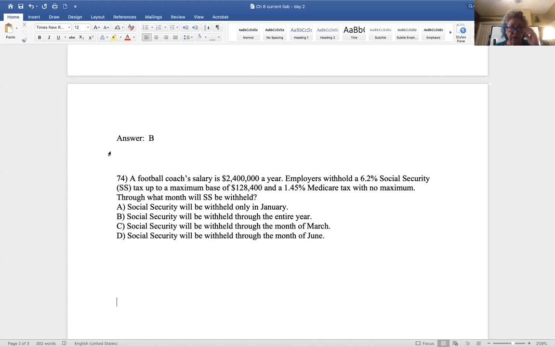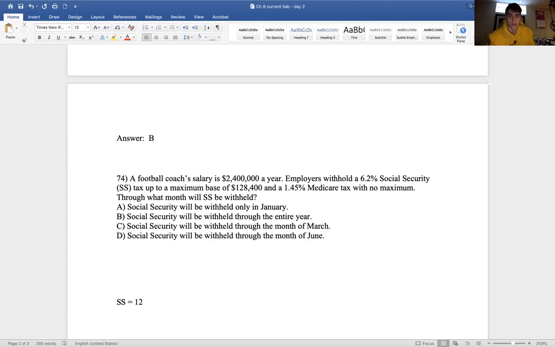But how much Social Security would be withheld from the coach's check in January? $162,800. How did you get that number?